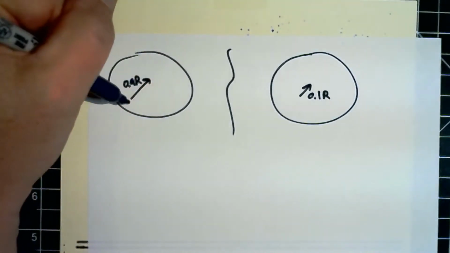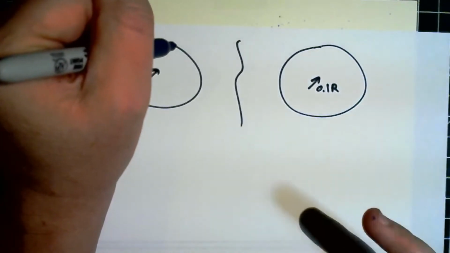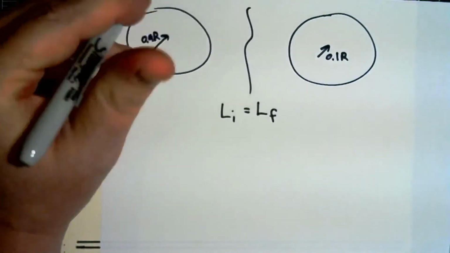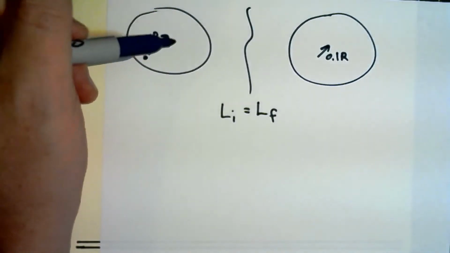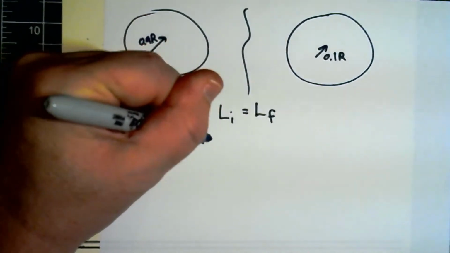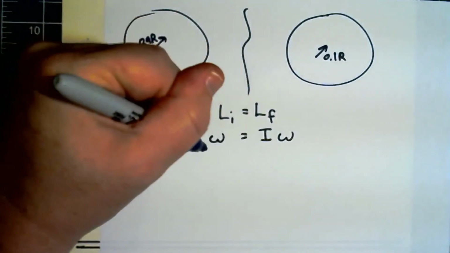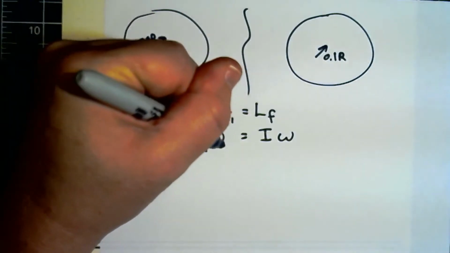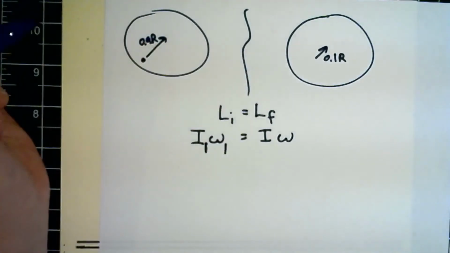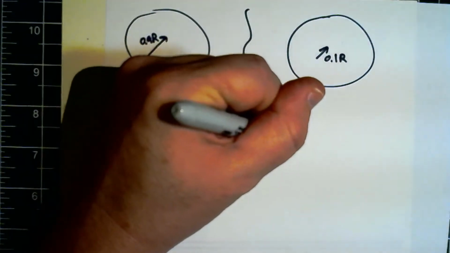Well, these distance terms are actually irrelevant. All we really need to know is what their speeds are. So I'm going to set this up as a conservation of angular momentum problem. The initial momentum of the bug disk system will equal the final momentum of the bug disk system. L is just I times omega. So we're going to have the initial I1 and the initial speed omega 1. The final will be I2 times omega 2.